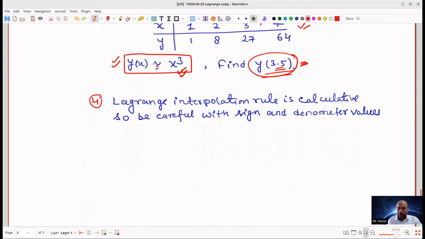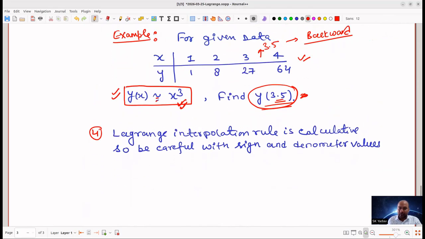The next point is the Lagrange interpolation rule. As I explained, it has Lagrange factors, so it is computationally expensive because we have to compute Lagrange factors for every data point.